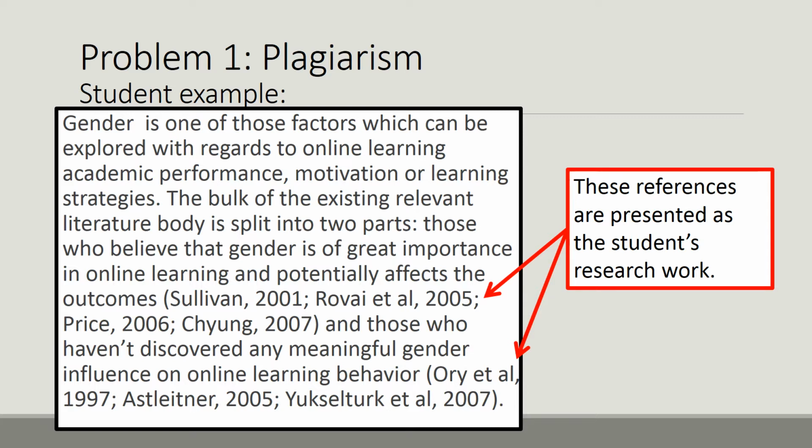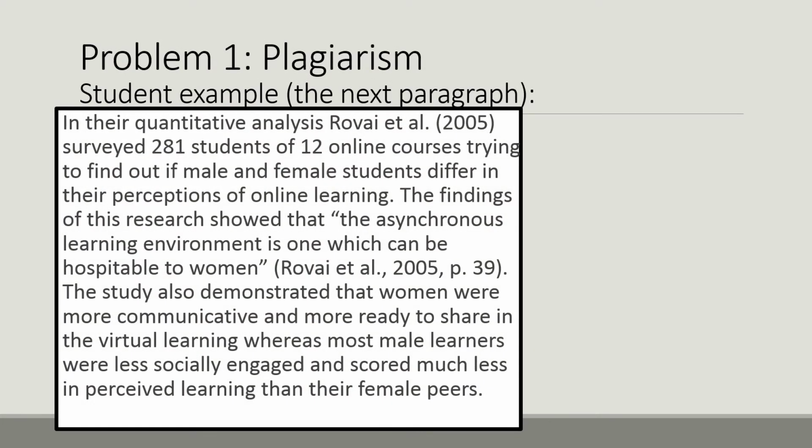As if the student had found all these sources and made that distinction between the two groups of authors. Yüksel-Türk down here is just buried as one of the references. It isn't clear who's. So this first example of a source not being credited exactly right is a red flag for any reader to wonder where are these ideas coming from and to look more closely at the next paragraphs.